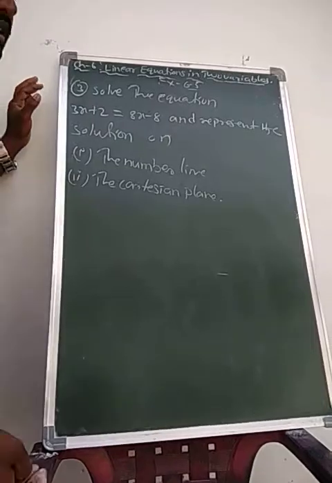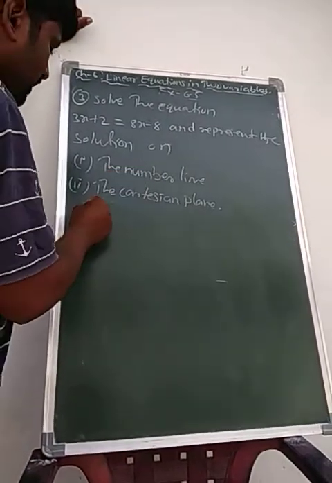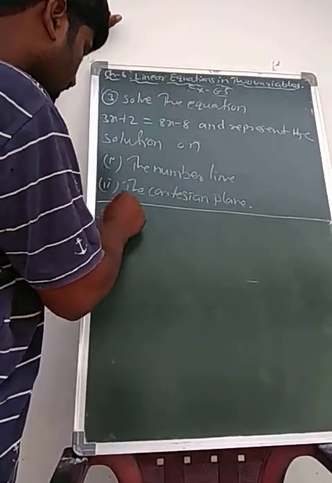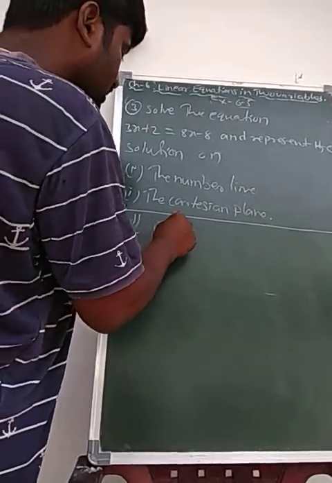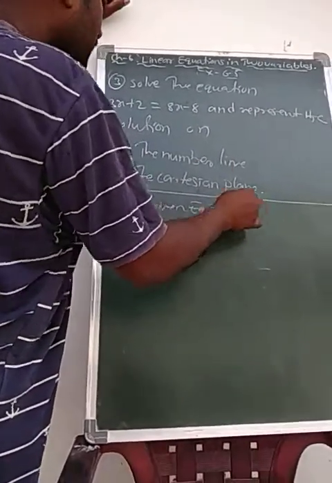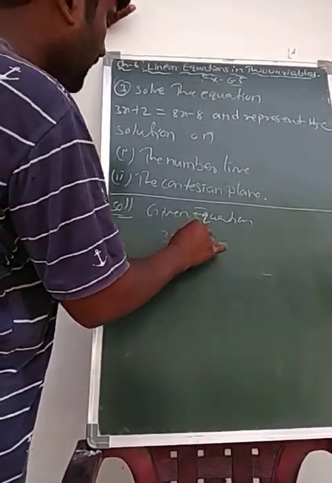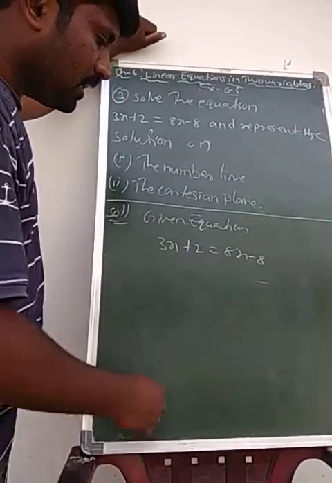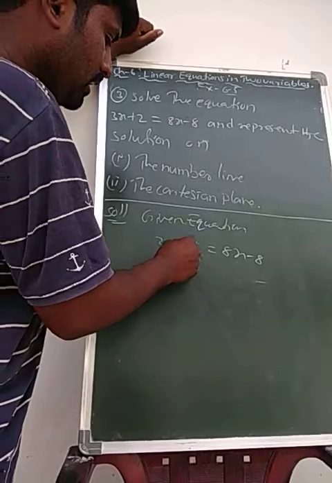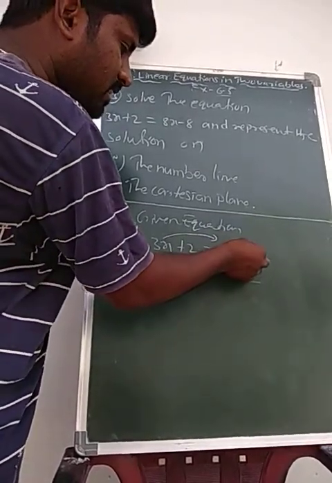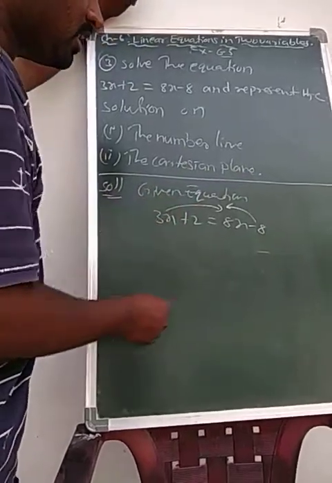What is the given equation? 3x plus 2 is equal to 8x minus 8. Now what I am doing here is transposing 3x to the RHS and transposing minus 8 to the LHS. Then what happens?